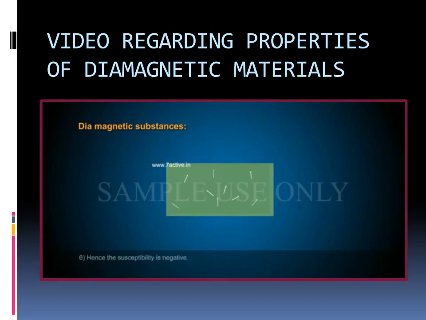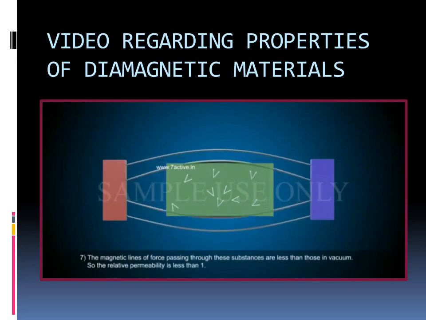5. When it is kept in a non-uniform magnetic field, it moves from the region of greater field to the region of less field strength. 6. Hence, the susceptibility is negative. 7.